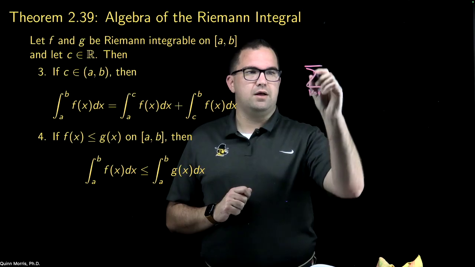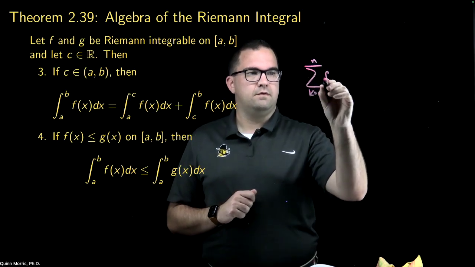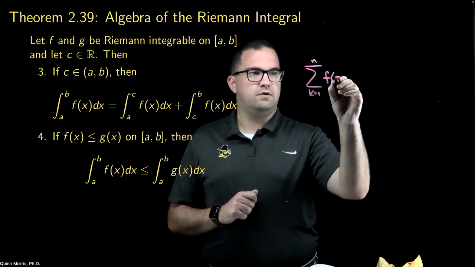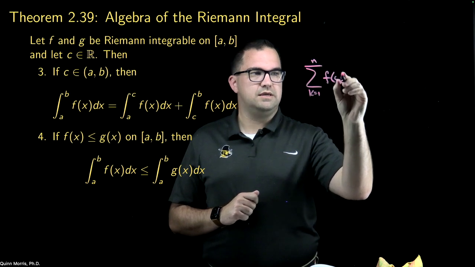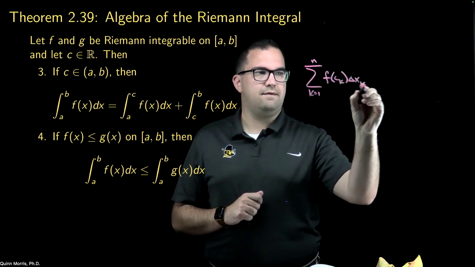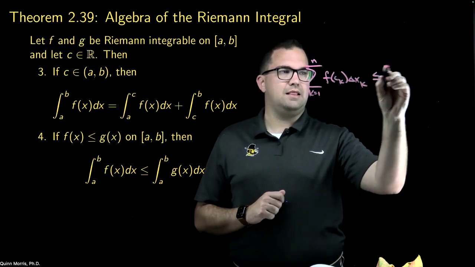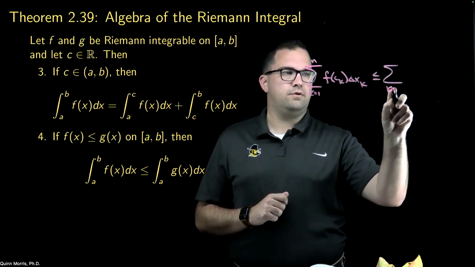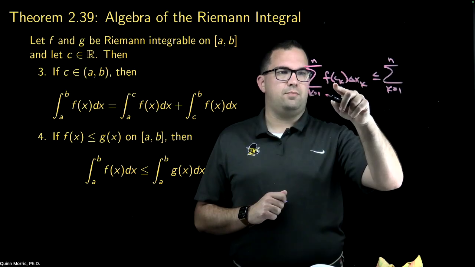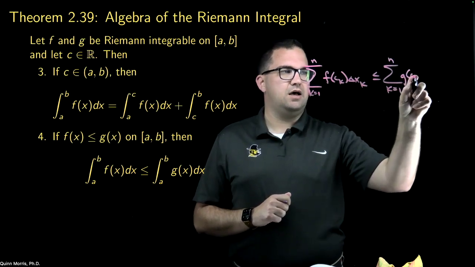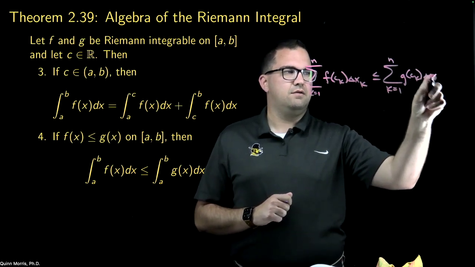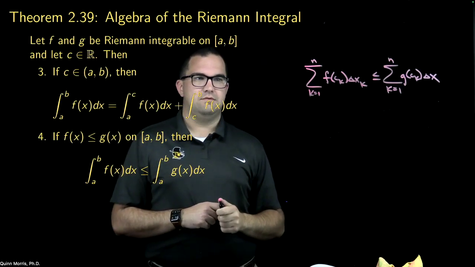So let's say I took a Riemann sum for f, f of ck times delta xk. This would certainly be less than or equal to, if I replace each of these with g of ck delta xk.